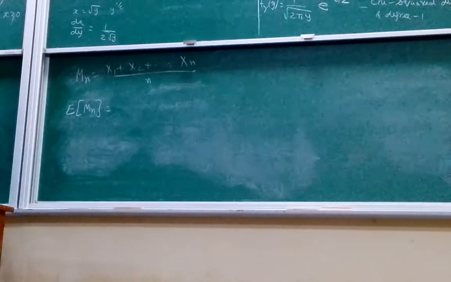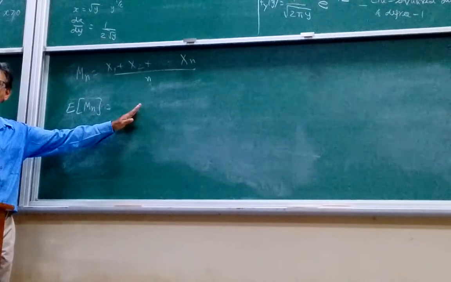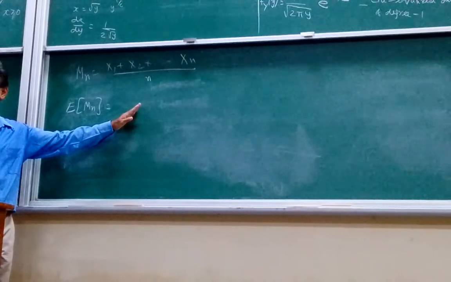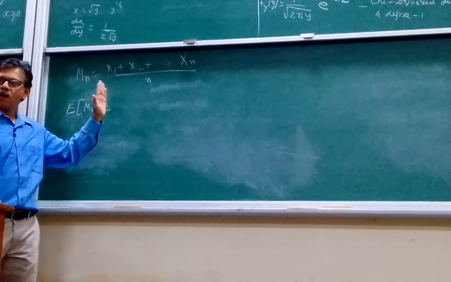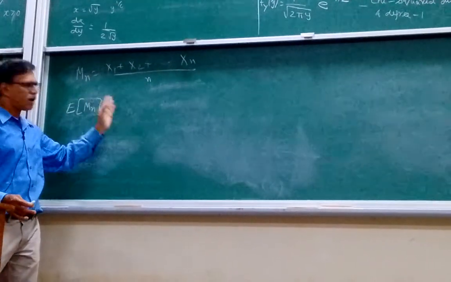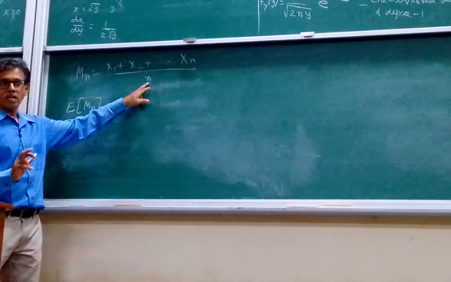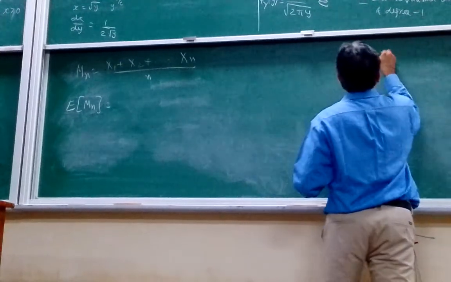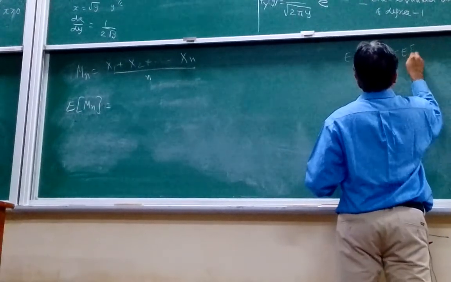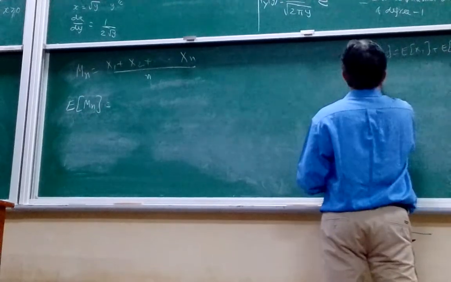You can apply the expectation on both sides and then use the principle of linearity of expectation: the expectation of a sum of random variables is the sum of their expectations, and any constant can be pulled out. We will use this basic thing.